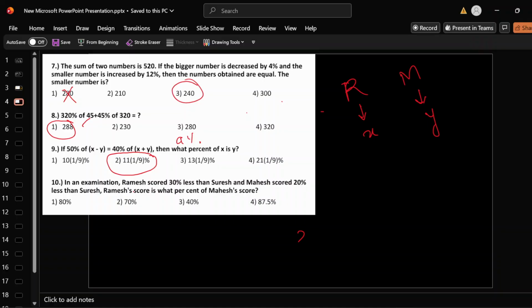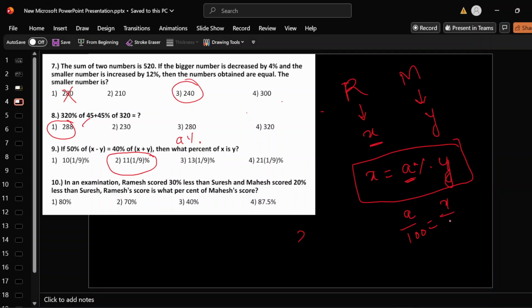And he is asking, Ramesh's score is what percent of Mahesh's score? Ramesh's score is equal to A percent of Y. Here we have to find the a value. That means a by 100 equals to x by y, right?